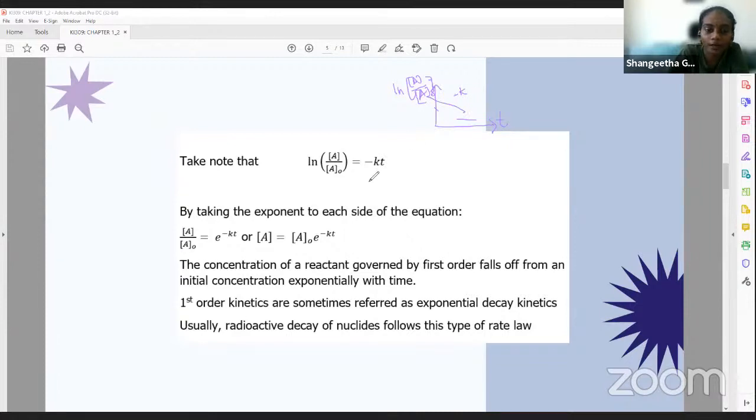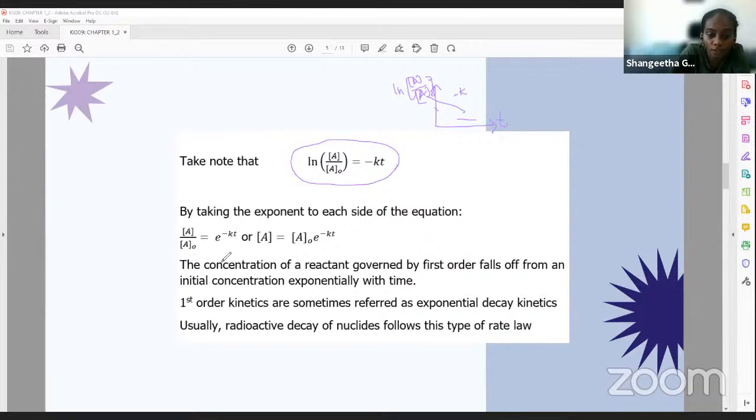Now, however, if you take this expression and you exponentiate both sides, if you put an exponent on both sides of the equation, you can arrive at another expression where A over A naught equals e to the power of negative kt.